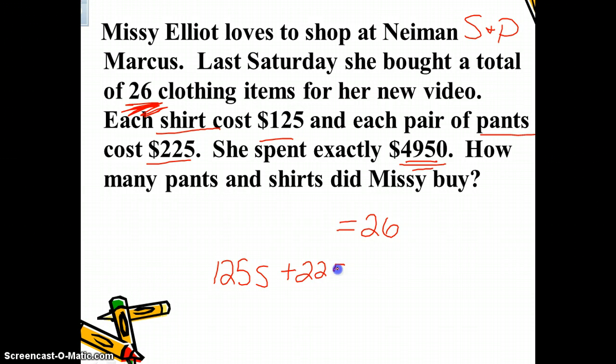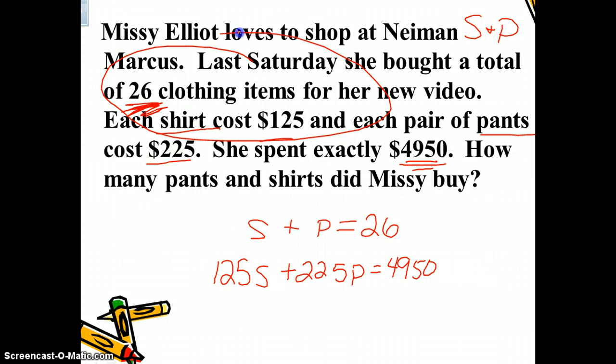And her total is $49.50. Okay, so what adds up to 26? The total number of shirts plus the total number of pants. Watch out for that. When you see a total number of like items or total number of animals or total number of tickets or whatever, it's usually going to be an equation like this, a total equation, S's plus P's. So what adds up to that total? So on and so forth.